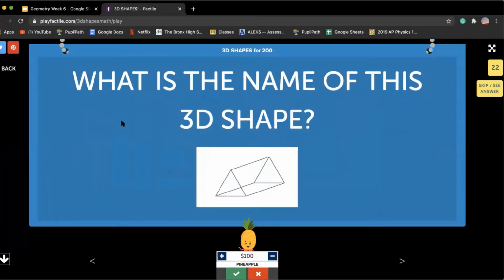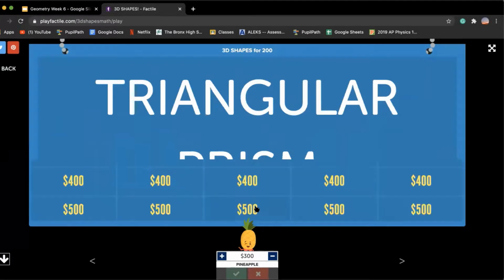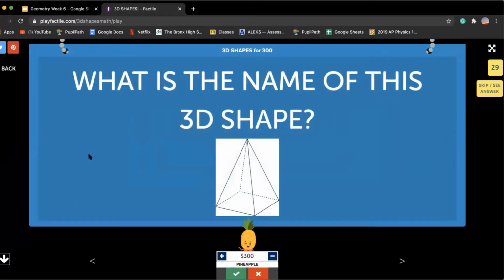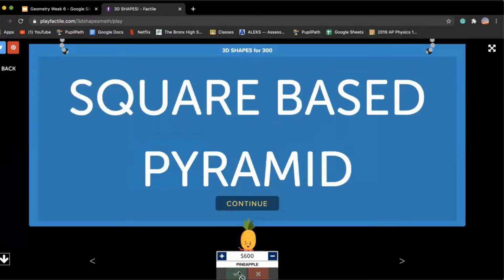And this is a rectangular prism. Is it a triangular prism? Yeah, it's a triangular prism. And what is the name of this 3D shape? It's a rectangular prism. Yes, that's a square base. Oh, pyramid, my bad.